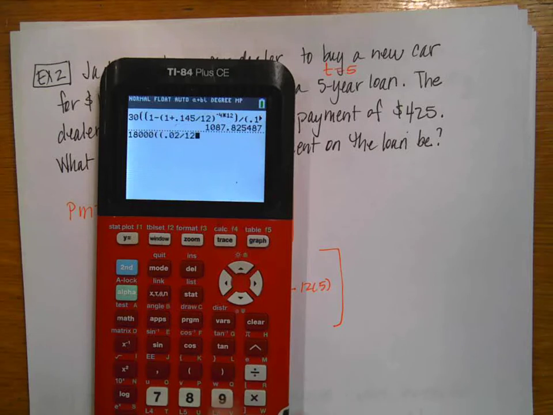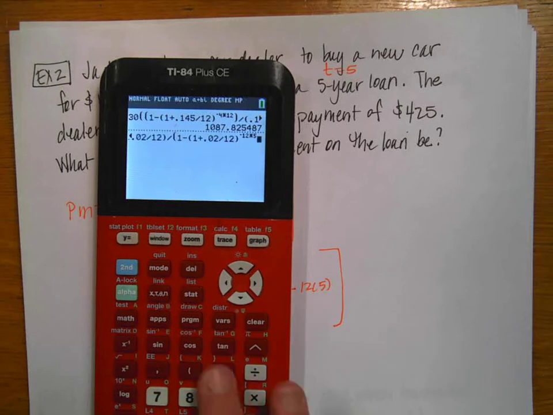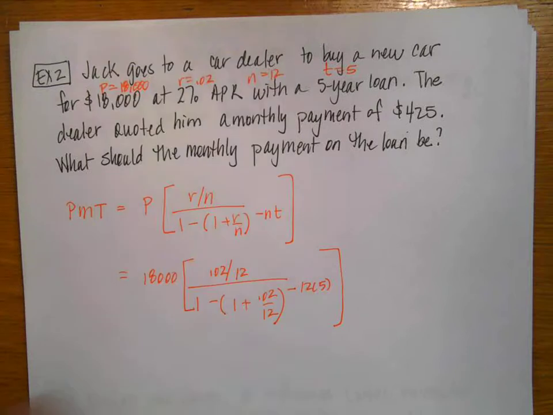So for the numerator, 0.02 divided by 12, close the first one, divided by open, and then I'm going to do 1 minus, open another parentheses for the compound portion, 0.02 divided by 12, raised to the negative 12 times 5, and then I'm going to close, and I think that's it, and I'm going to go.